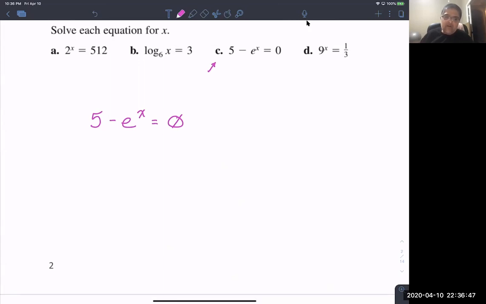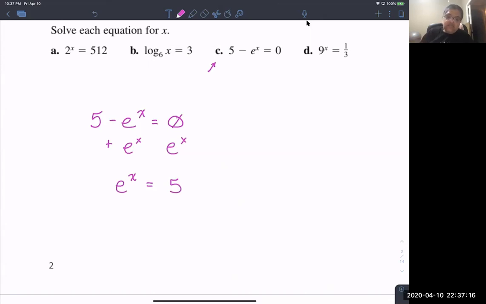So I can move 5 to the other side and get negative e to the x equals negative 5. But I'd like to keep my exponent or my logarithm positive. So instead of moving 5 and dealing with a negative exponential function, I can move e to the x and get e to the x equals 5.